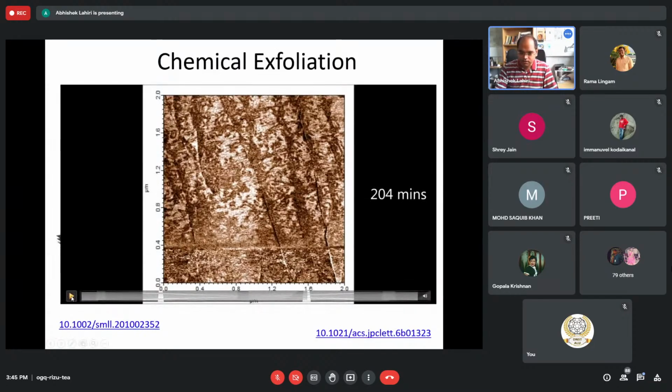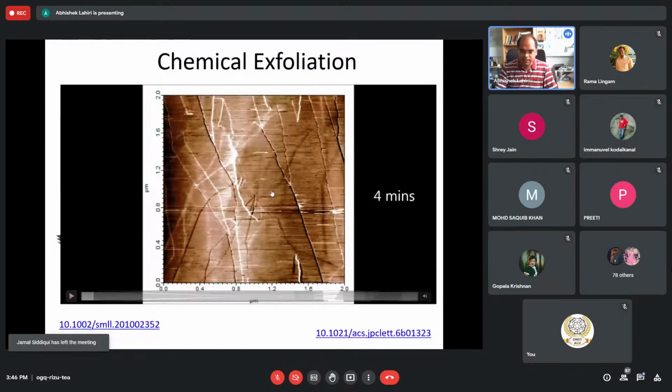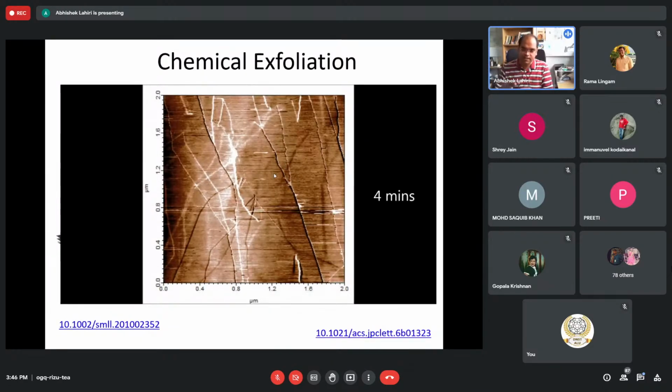Just to show the video again, we start with a clean surface. What you will see during the video is these lines become much more prominent. When they become more prominent in AFM, what it means is you are basically removing the material and the depth of these lines is increasing. Therefore, you're producing graphene during the process.